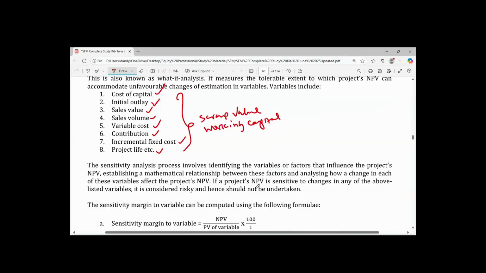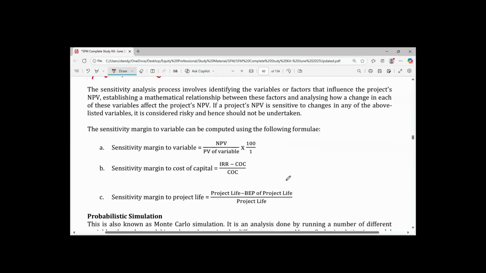Now, how do you estimate sensitivity margin of variables? There are basically three different formulas that you can use to calculate sensitivity margin of a variable, depending on the variable that you want to calculate. For all these variables that we have here, excluding project life and cost of capital, any other variable that you want to compute for, the sensitivity margin is the ratio of NPV to the PV of the variable, okay?